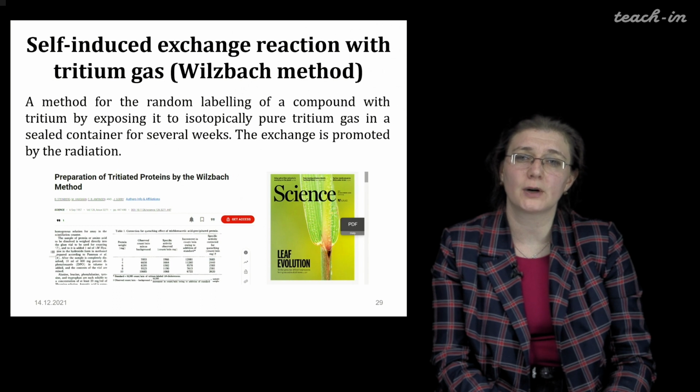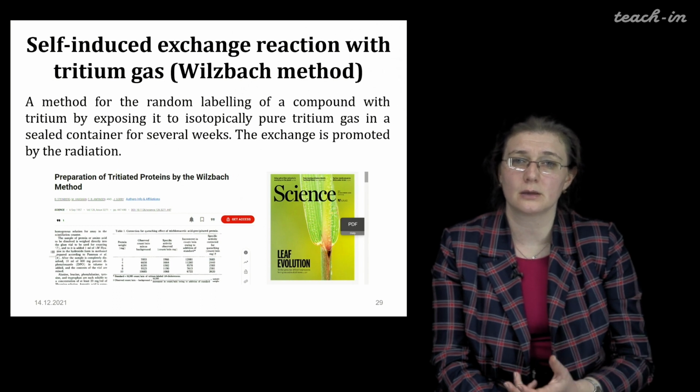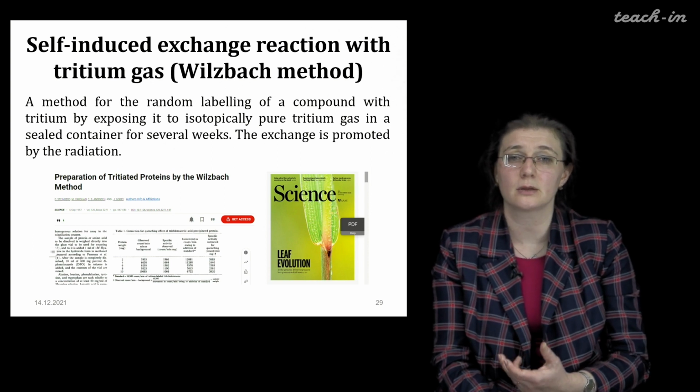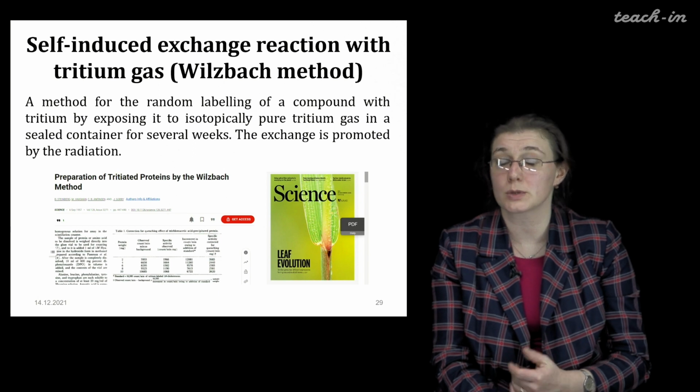Finally, we will find that the organic molecule contains the tritium label in any possible position.